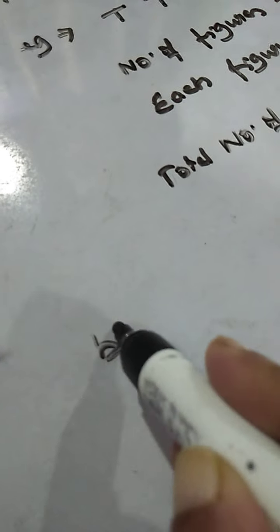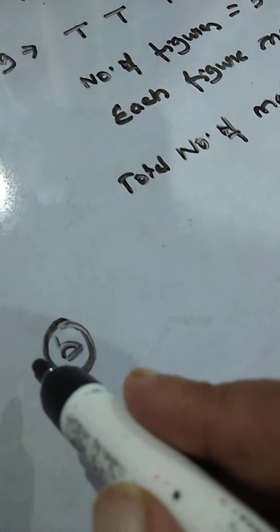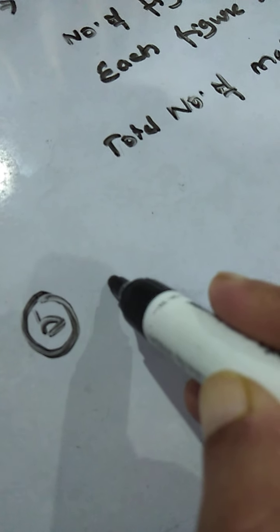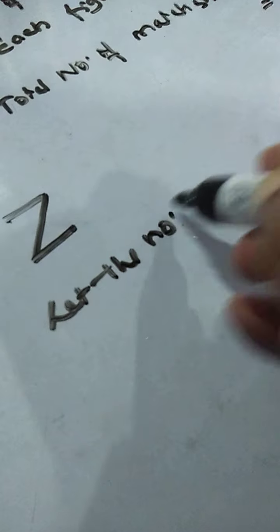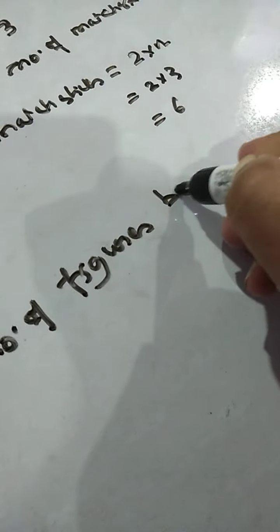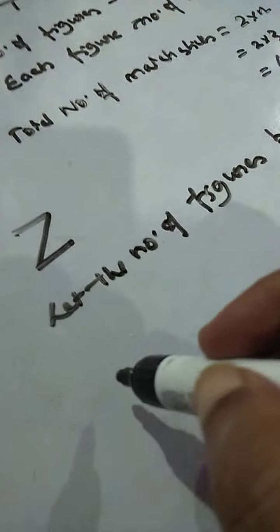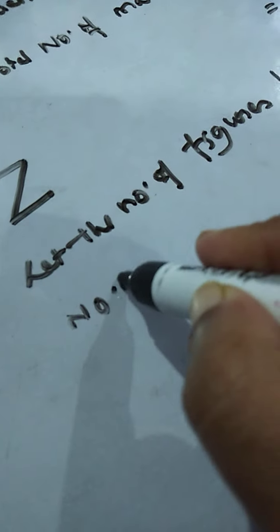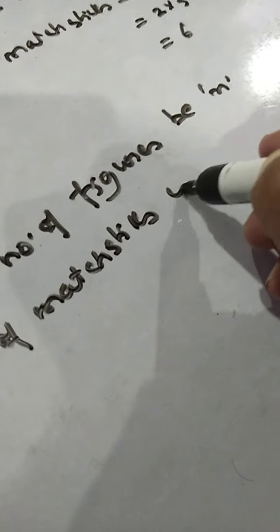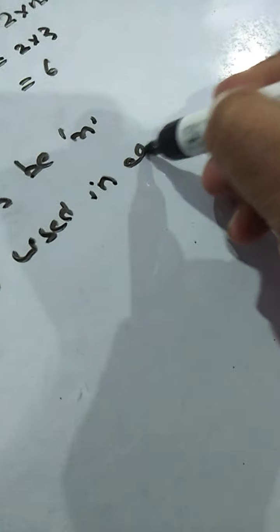Let's try the same thing with part B. In part B, the letter given is Z. So again, let the number of figures be n, and count the number of matchsticks used in each figure.